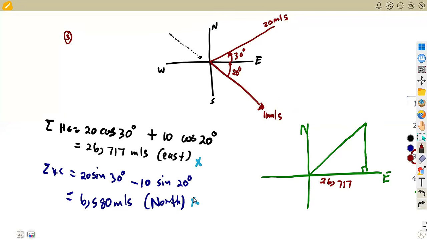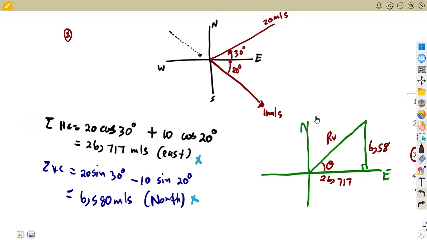And this is our vertical, which is to the north, 6.580. Then we're going to calculate the resulting velocity and the angle theta, or you can use the angle alpha. It's up to you which one you take. But if you take theta, it means you are moving from east, theta degrees to the north. If you use alpha, it's north going to the east.